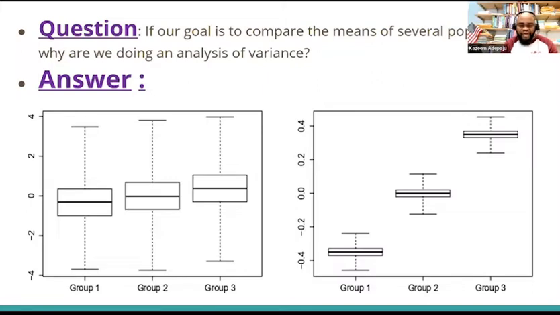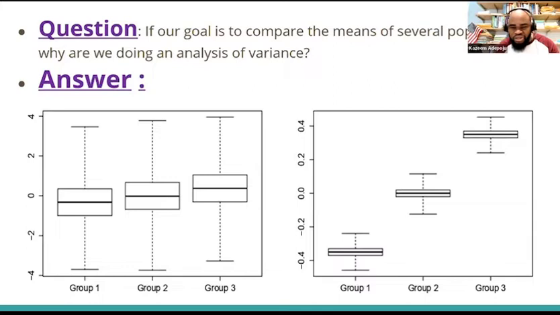How do we do that? We can construct, like in the analysis of variance, what I call a box plot. Don't forget the other time I told you, if you want a comparative analysis, because we basically want to compare means in more than two populations, we can start with a box plot. If you take a look at this now, I have group 1, group 2, group 3.